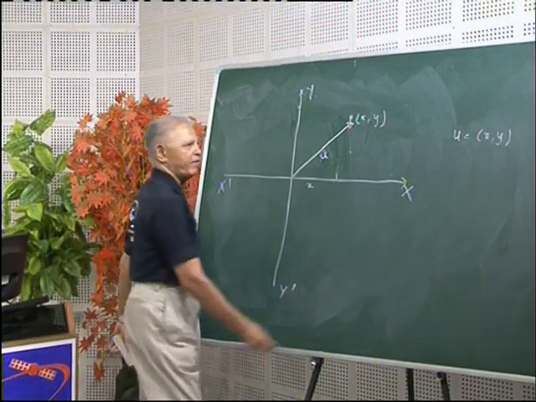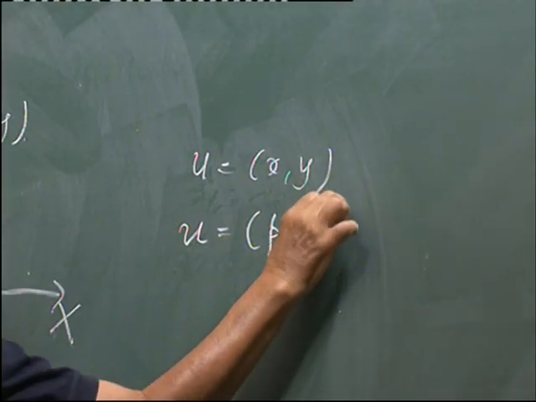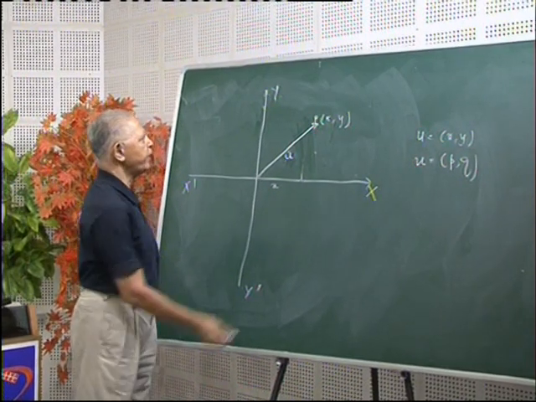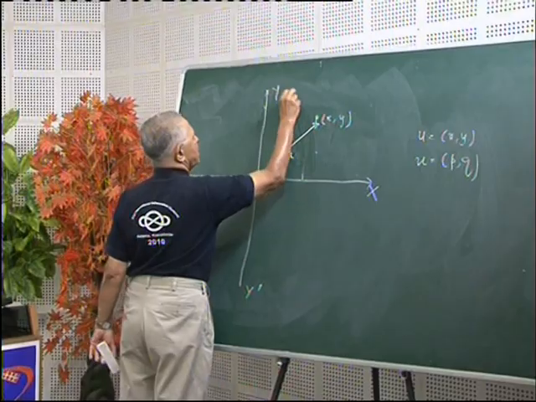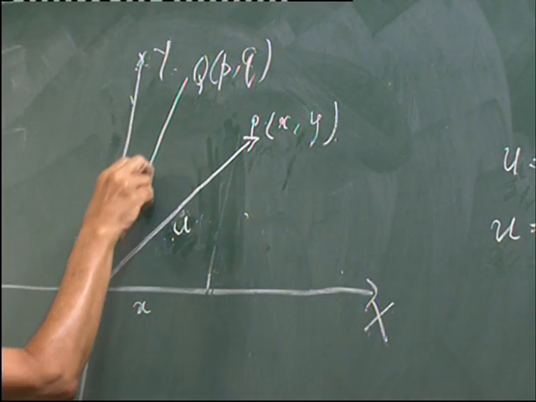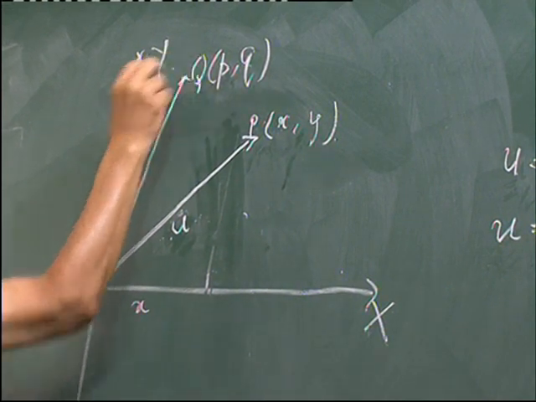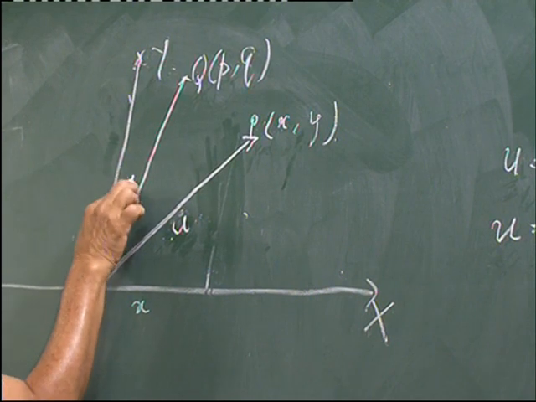If v is another vector (p, q), and Q is a point here with coordinates p q, then we make an arrow here, and this is our vector v.